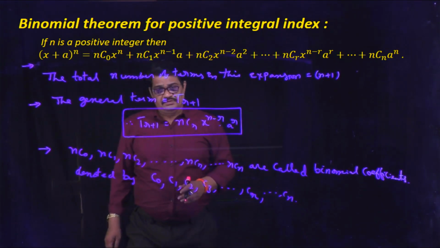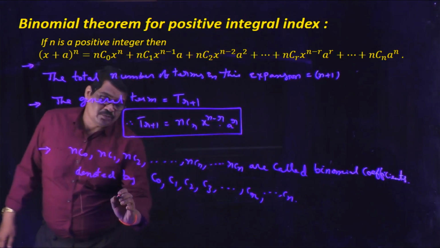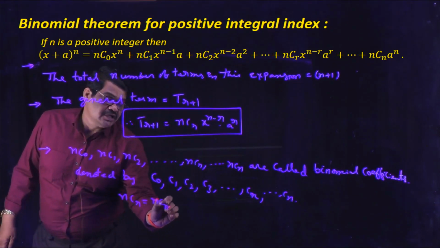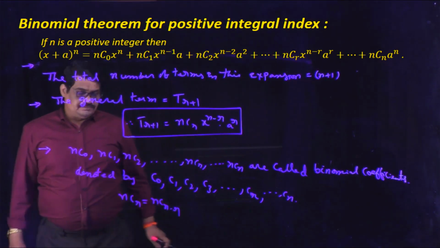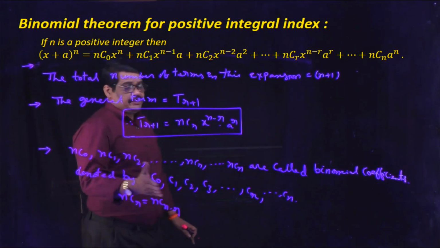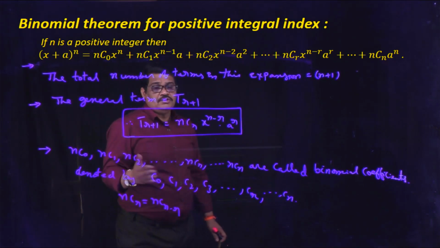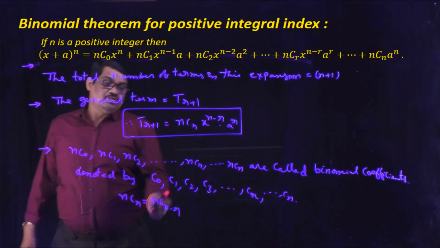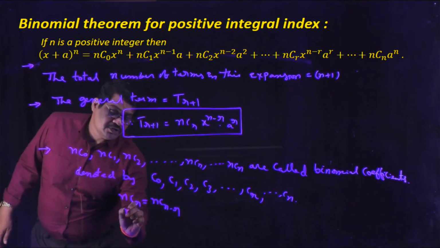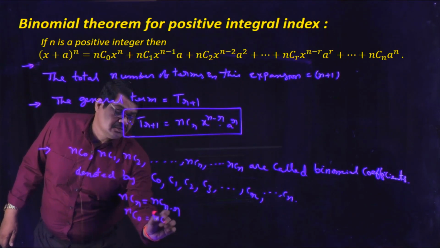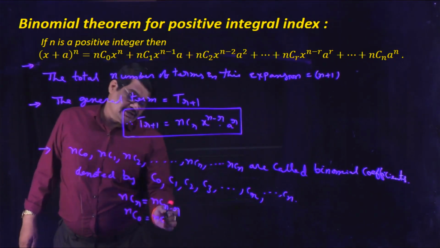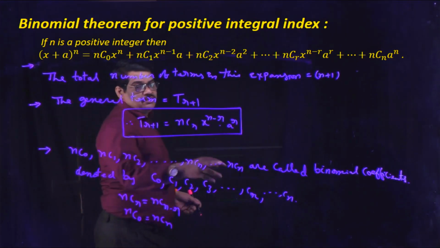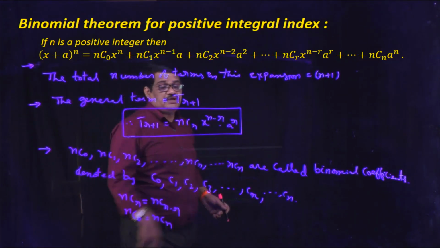Here we are observing the relation that many times we use: nCr is equal to nC(n-r). That means the coefficients from the beginning and from the end are equal. If we take r equal to 0, then we get nCn, so the first term coefficient nC0 is equal to the last term coefficient nCn.